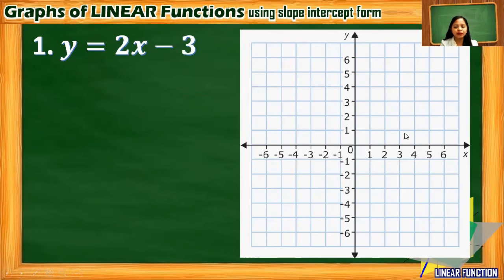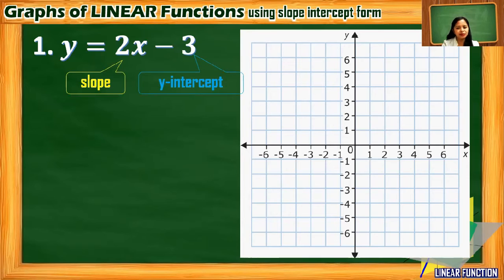For us to graph it in our Cartesian coordinate plane, we need to identify the slope and the y-intercept, since we are graphing a linear function using the slope-intercept form. Always remember that the 2 in this function is the slope and negative 3 is the y-intercept.